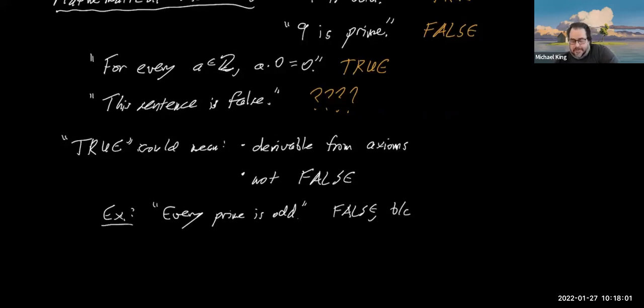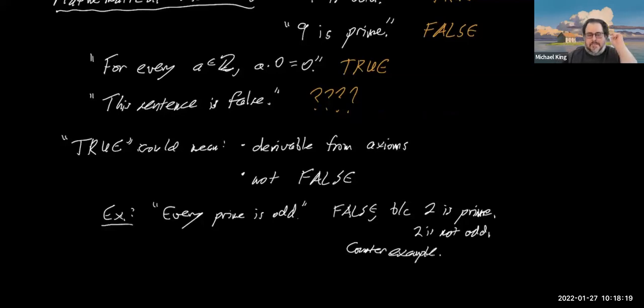Because 2 is prime and 2 is not odd. So this is a counterexample. And so the easiest way to show a mathematical statement is false is to provide a counterexample. And if you can't provide a counterexample, you don't necessarily want to say it's true yet, because it just means you may not be able to prove it.